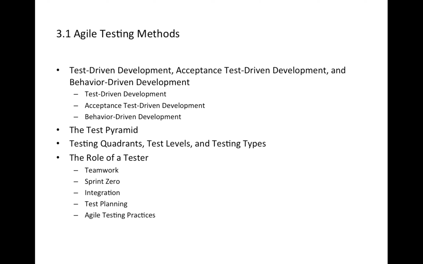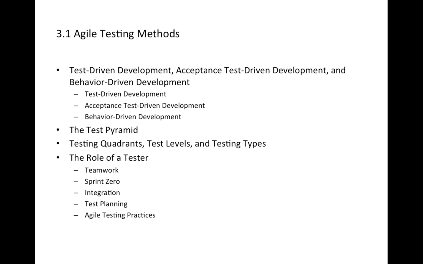Could be cross-functional, where each team member brings a different set of skills to the team. Self-organizing: a team may consist only of developers, but ideally it would include one or more testers. Could be co-located, where testers sit together with the developers and the product owner.